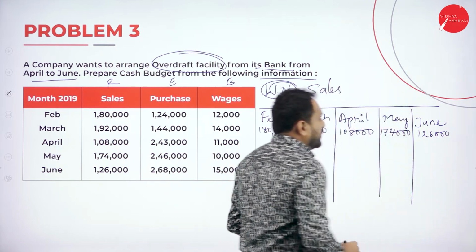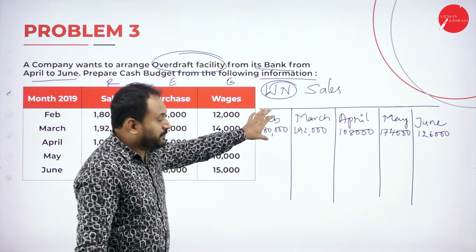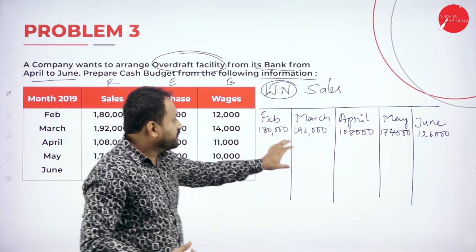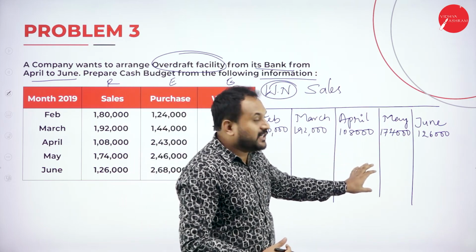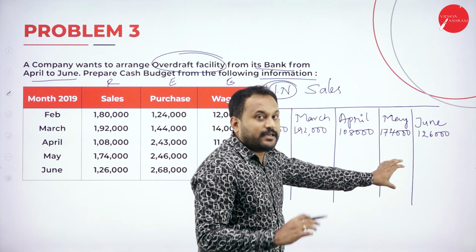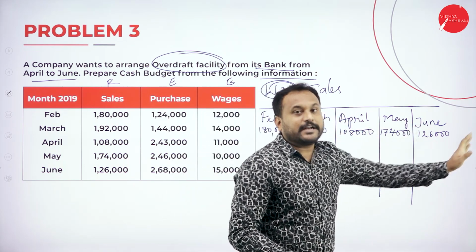Now, what the adjustment says is, sales has happened in February, but I'll get the amount 50% in March and 50% in April. The same way, March also 50% in April and May. Again, April's sales you will get in the months of May and June, and it continues.